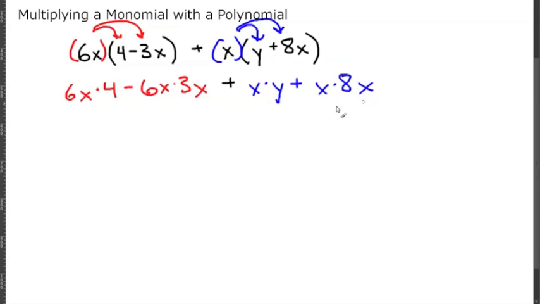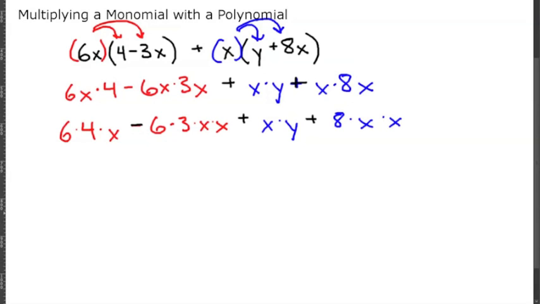Remember, since multiplication is commutative, we can rearrange the terms within the monomials now. So we're going to do 6 times 4 times x minus 6 times 3 times x plus x times y plus 8 times x times x. Simplifying this, we're going to have 24x minus 18 x to the first times x to the first is going to be x to the 1 plus 1 because they have the same base.